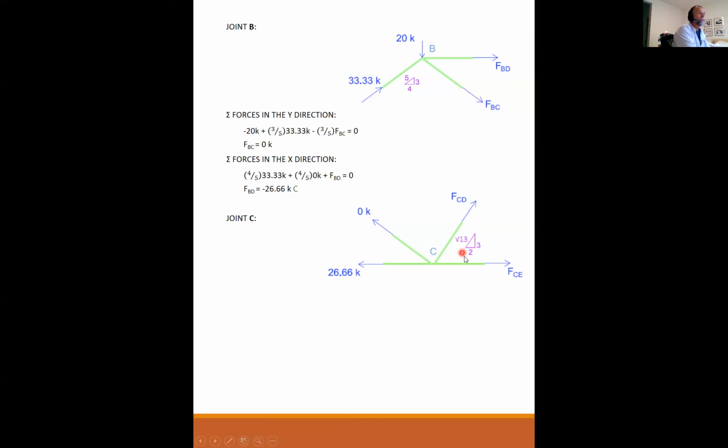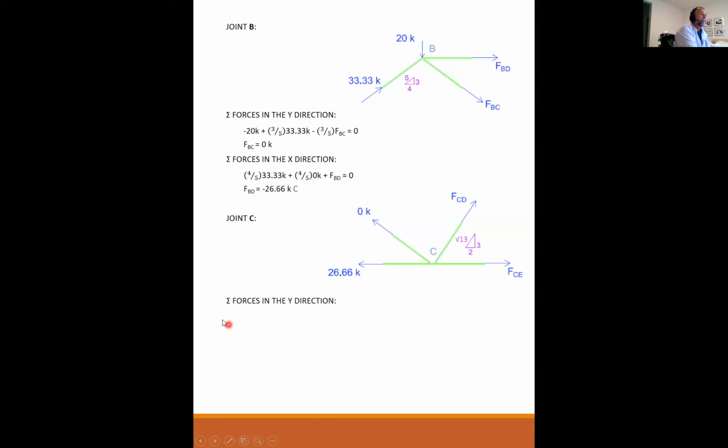This triangle was a 2-3 radical 13, not quite as classy as a 3-4-5 triangle, but still. Or you could always figure out that theta is so many degrees, and then instead of using a 4/5 or 3/5 triangle, you could just use sine of theta, cosine of theta. Works just as good.